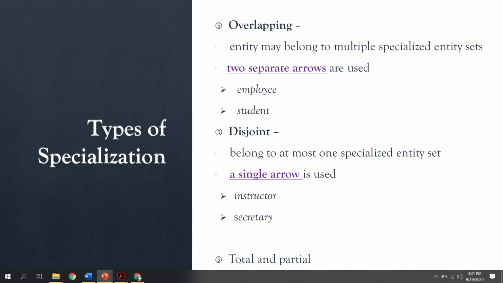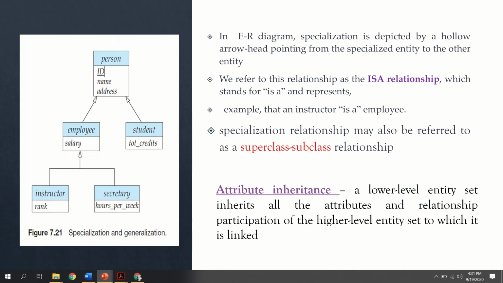Next one is disjoint. Disjoint means that it can be in only one of the subclasses. For example, if you are taking an employee, the employee can be either an instructor or a secretary. Either means only one is possible. The joining is not possible. So if you take an employee, that person will be either in this group or in this group.